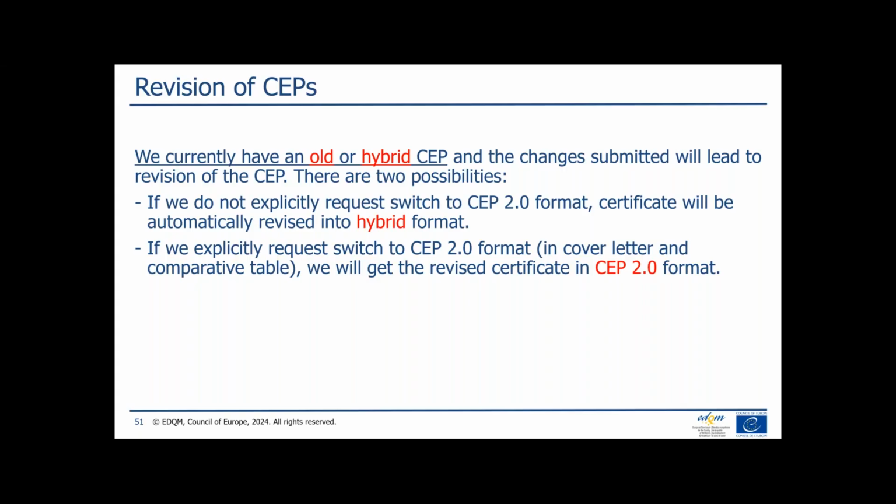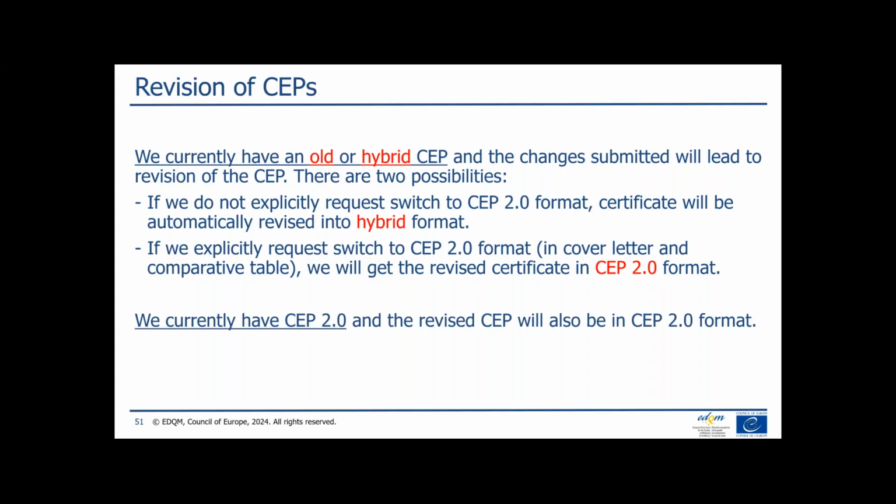We can explicitly request switch to SEP 2.0, or if we don't request it, we will get a revised SEP in a hybrid format, which means that old SEP is revised into hybrid format automatically. Hybrid is also revised into hybrid automatically. However, only if you request the switch to SEP 2.0, we will switch old and hybrid to SEP 2.0.